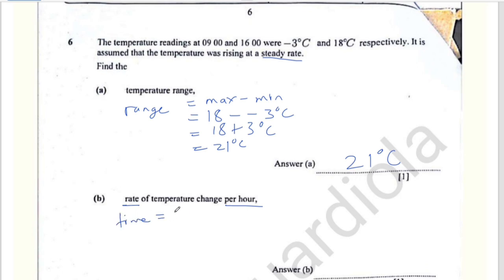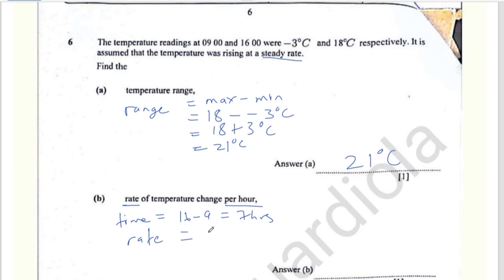So to find the rate of temperature change per hour, we need to calculate how much time elapsed from 9 a.m. to 16:00, which is simply 16 minus 9, giving us 7 hours. Then to calculate the rate, we say the change in temperature, which is the range, divided by the total time, or change in time, which is what we calculated there.